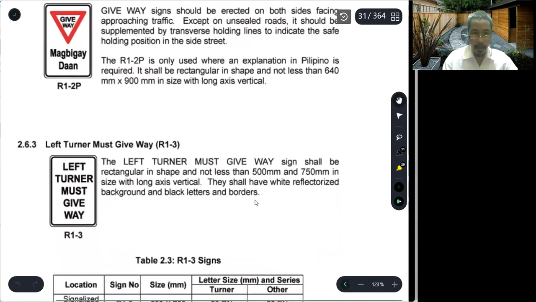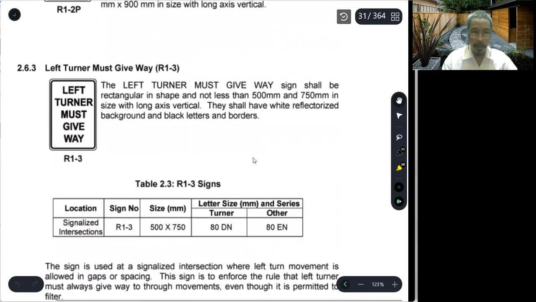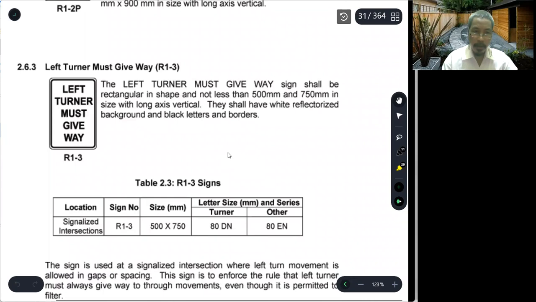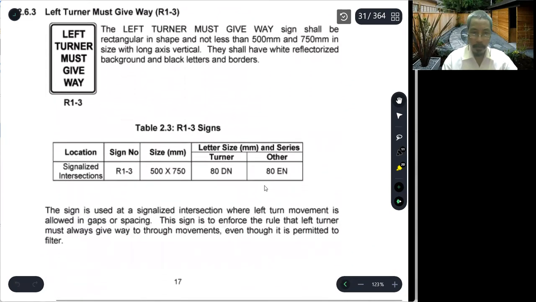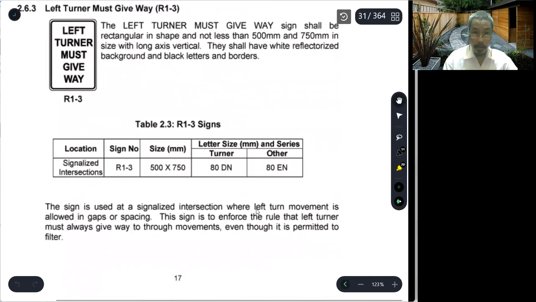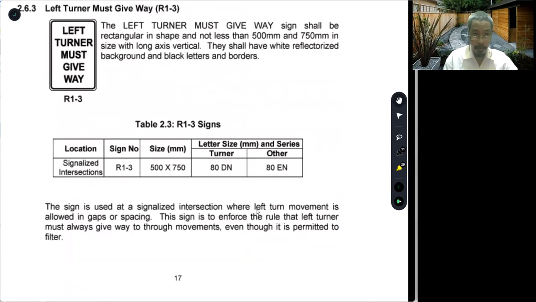So the third one is left turner must give way. There is one description for this: letter size and series.